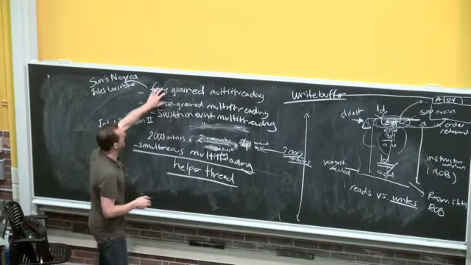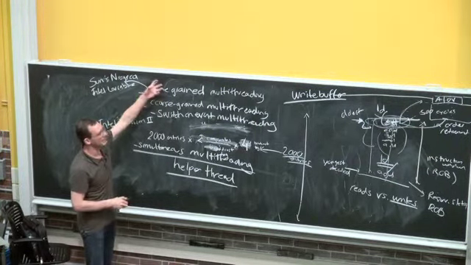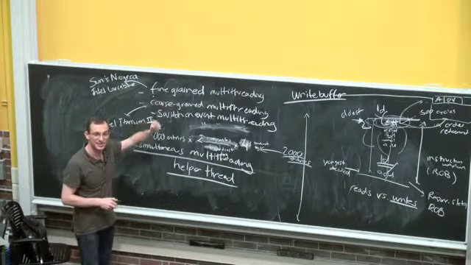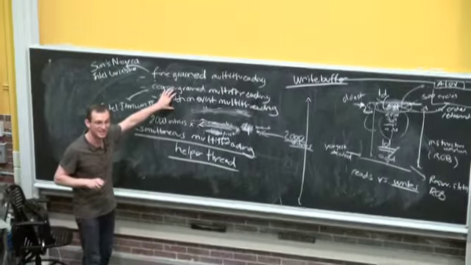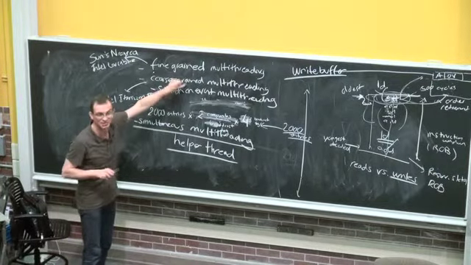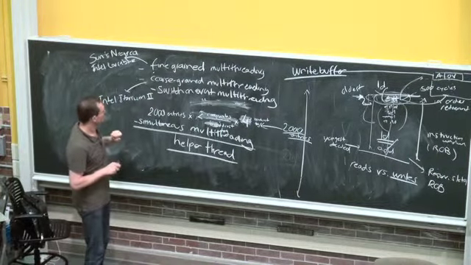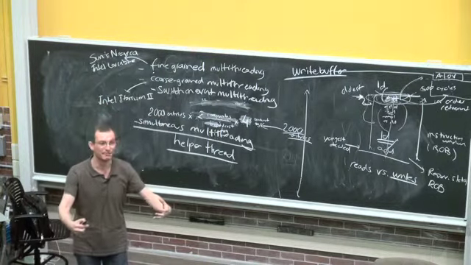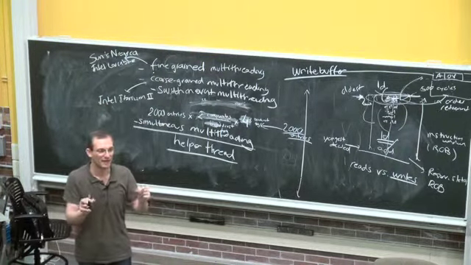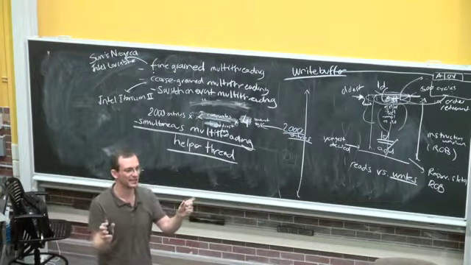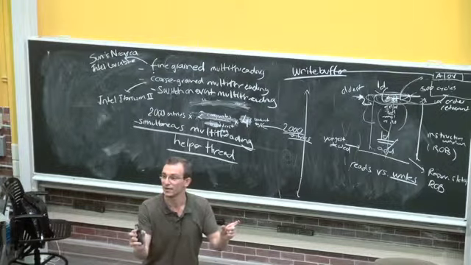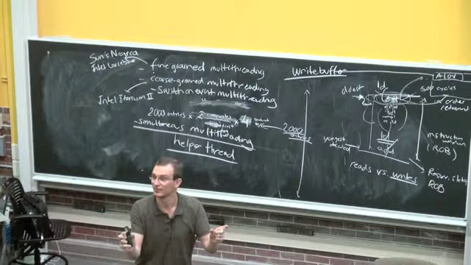So here, fine-grained, you switch between threads every cycle. Coarse-grained, you switch between threads every n cycles, where n is large, or every cache miss, for example. Simultaneous, you can actually execute from multiple threads at the same time, same cycle. You have two ALUs. One ALU could be executing an instruction from thread 1. Another ALU could be executing an instruction from thread 2.